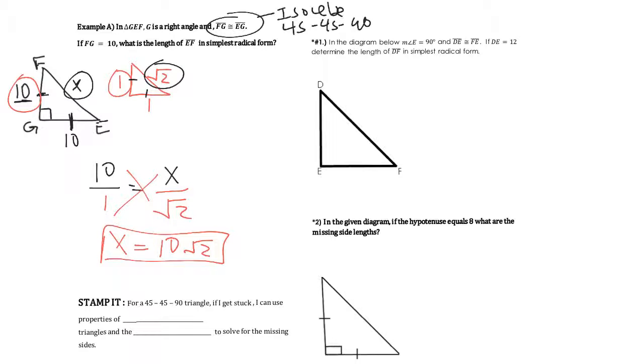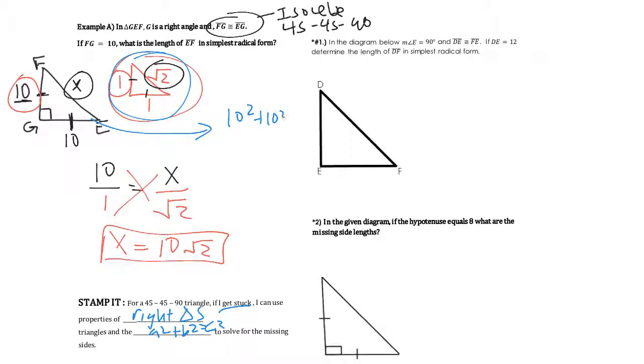So we just figured out that missing side using that rule triangle. Now, if you were stuck and you forgot this rule triangle, I can use just properties of right triangles and the Pythagorean theorem, a squared plus b squared equals c squared. So say you're on a test or quiz, and you forgot what this rule triangle looks like. I could still do this problem, just do 10 squared plus 10 squared equals x squared.